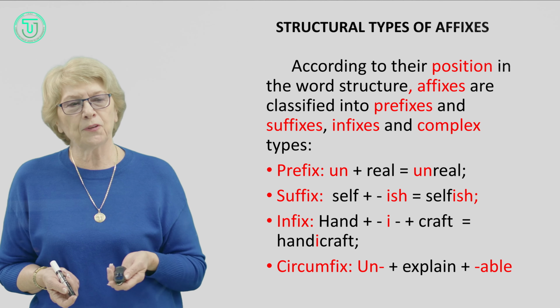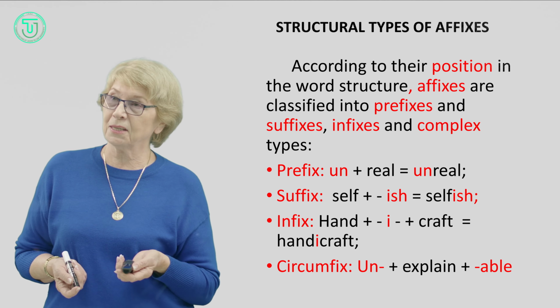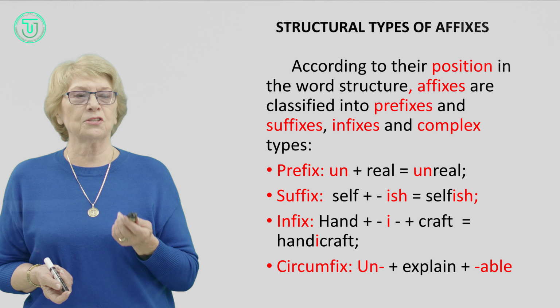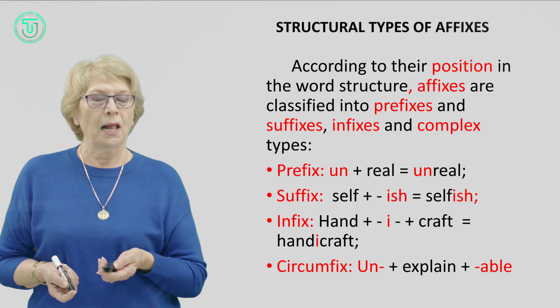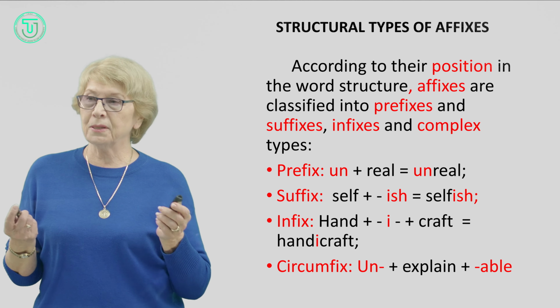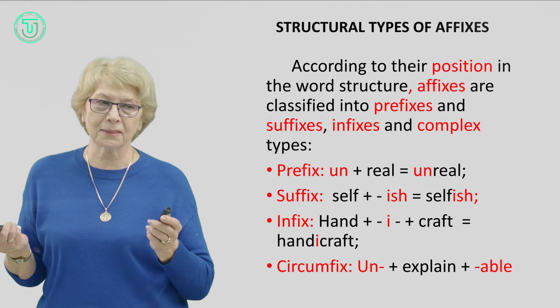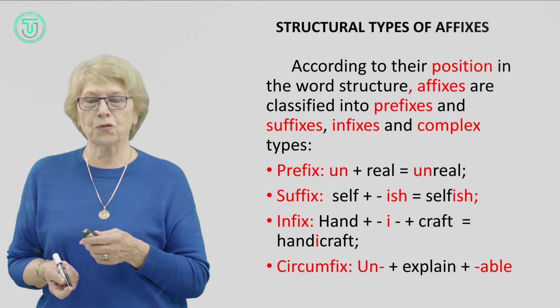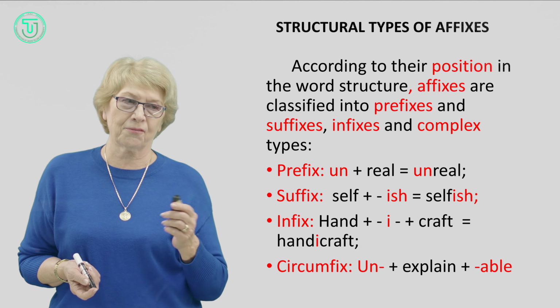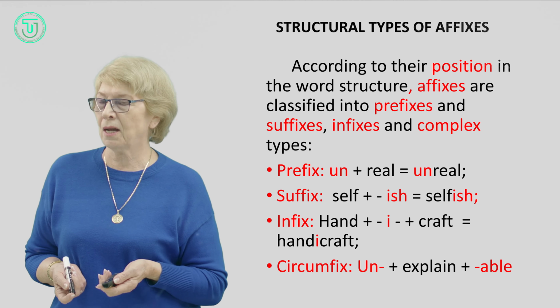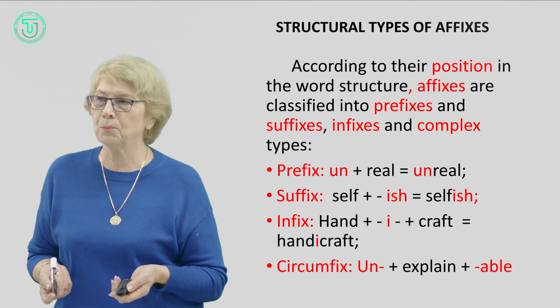Okay, circumfix is a comparatively new term in affixation, and the scholars suggested this term in order to define those combinations, those models or patterns, when we add simultaneously both the prefix and the suffix. So this pattern: unexplainable, unreadable, unpayable.